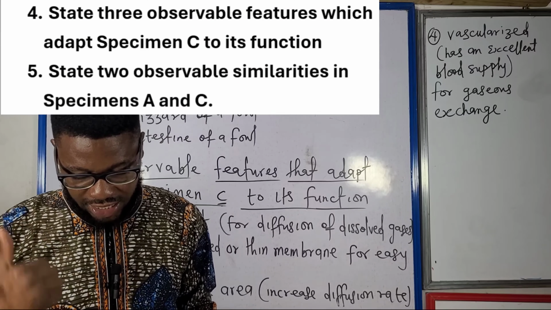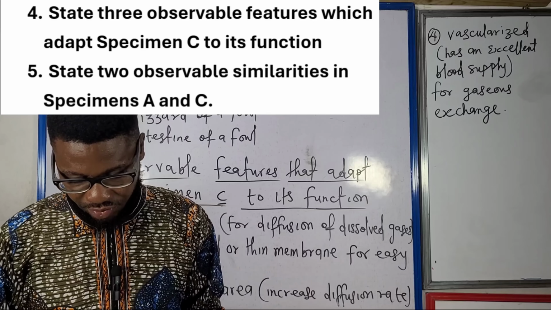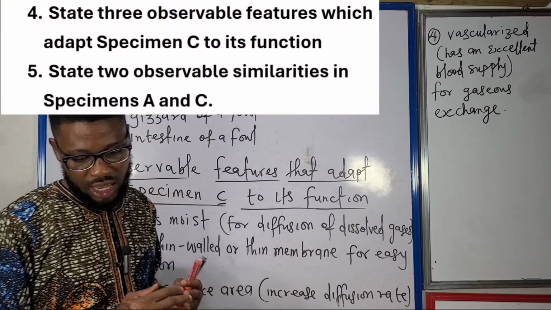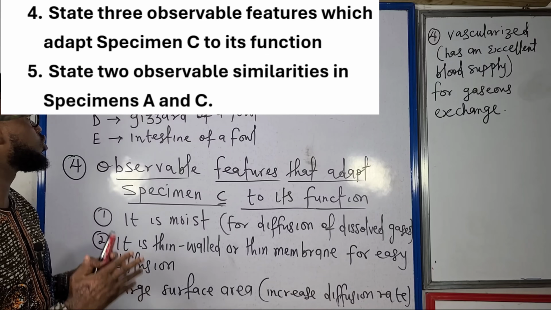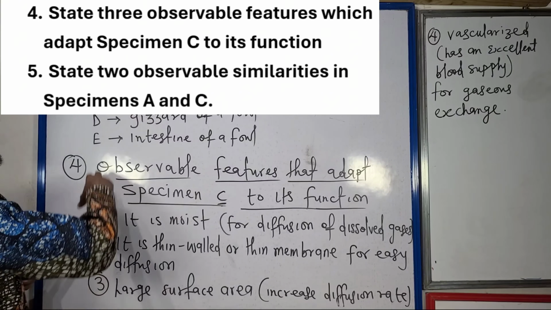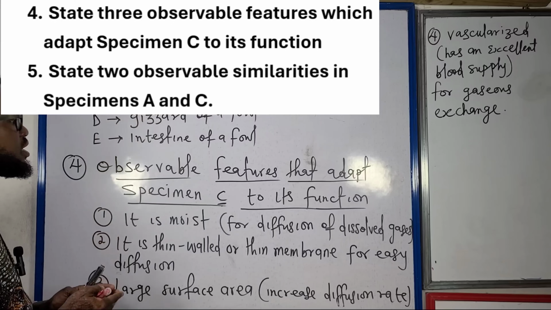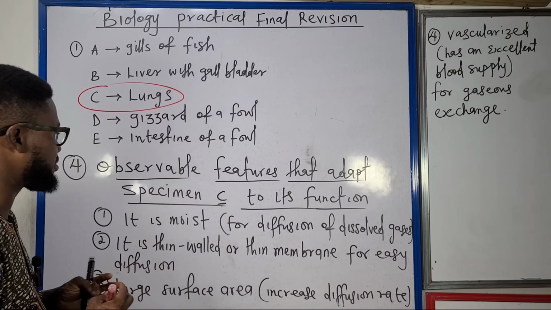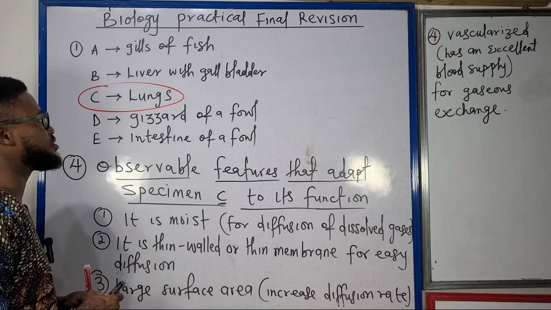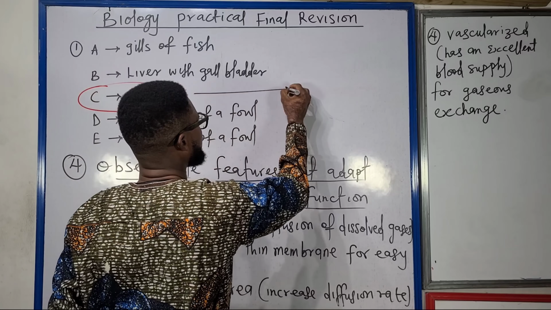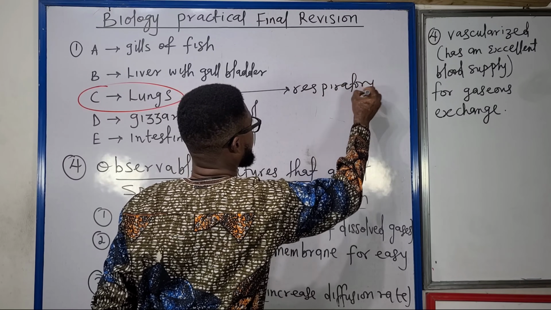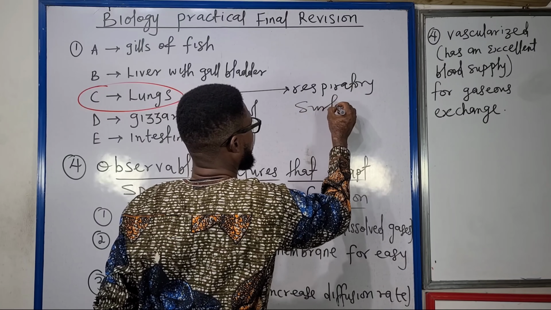As you can see, it says we should state 3 observable features that make specimen C so adapted or suited for its function. Specimen C here is the lung. So when we are told to state observable features that adapt specimen C to its function, that is telling us to list characteristics of a respiratory surface.